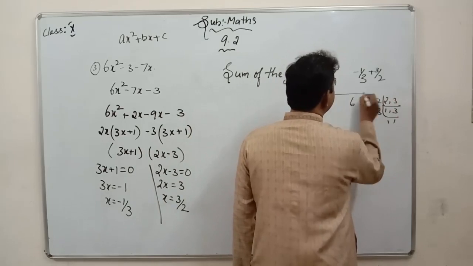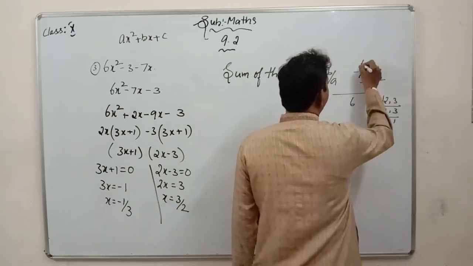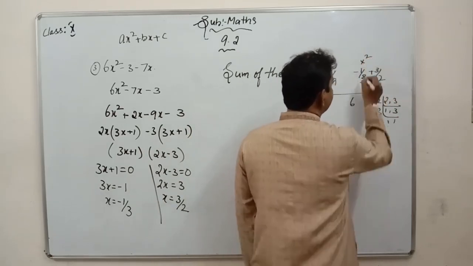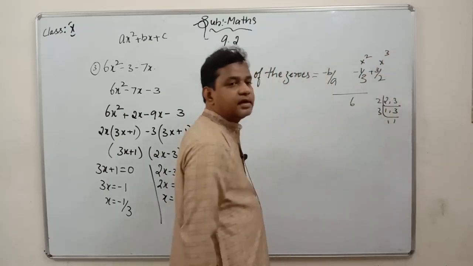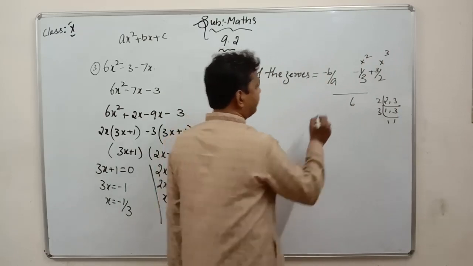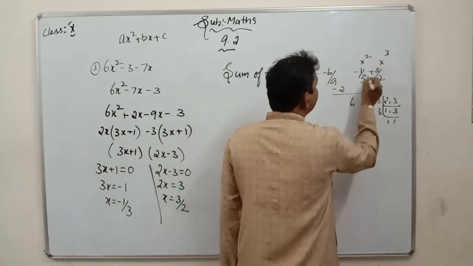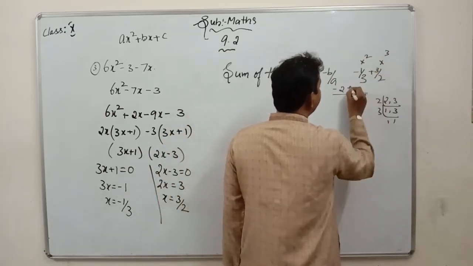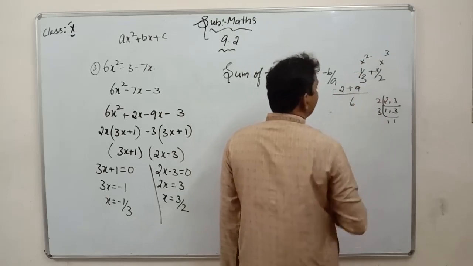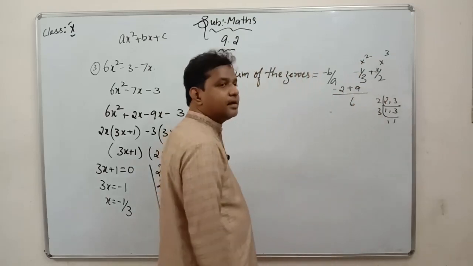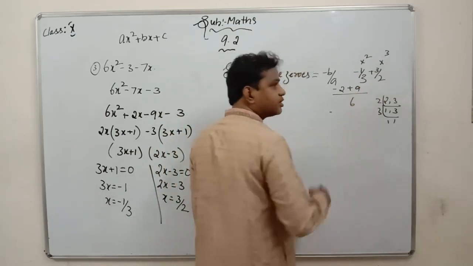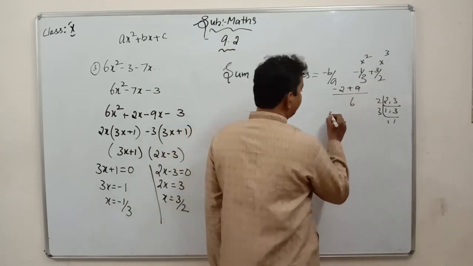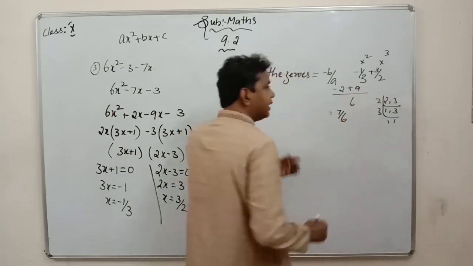So you can take 6 LCM, and remaining here is how many times? 2 times it will go, because 3 2 is 6 you will get, and 2 into 3, 3 times it will go, and it is 3 3 is 9 you will get there. So minus 2, here it is 3 3 is 9 plus 9 you have. So minus 2 plus 9 is 7. So you will get this equals to 7 by 6.